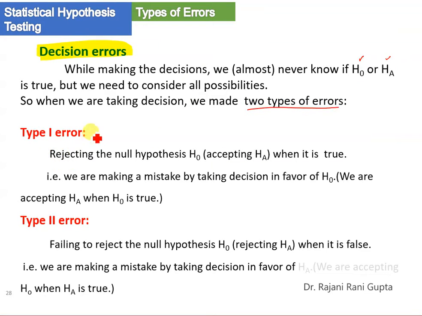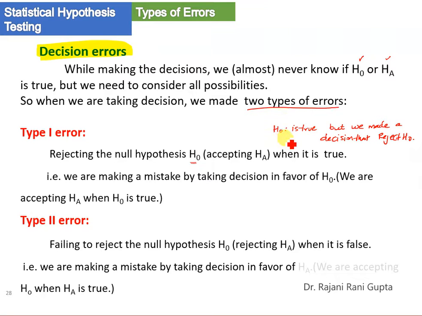Type 1: we say that this error is of type 1 if we reject the null hypothesis when it is true. Means H naught is true, but we made a decision to reject H naught.